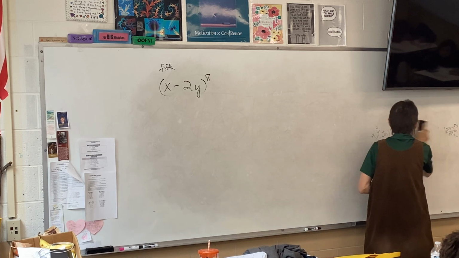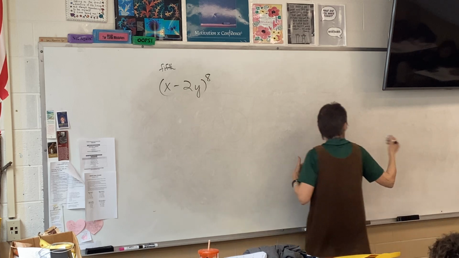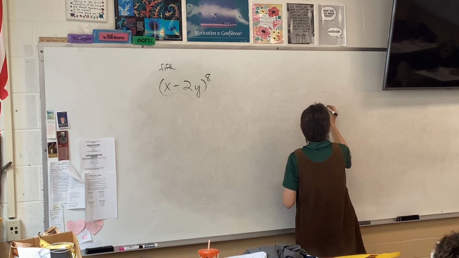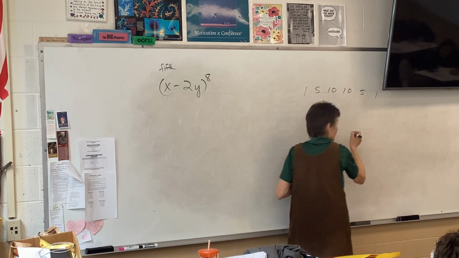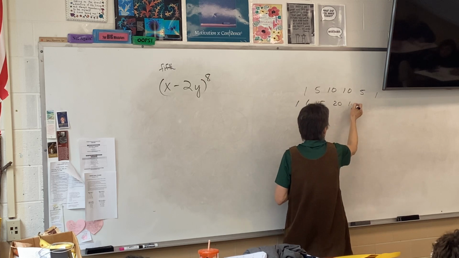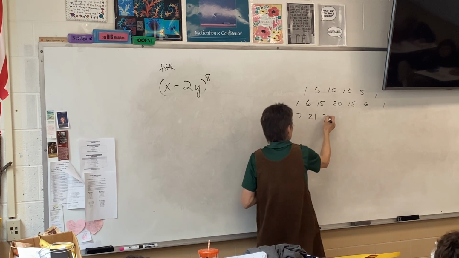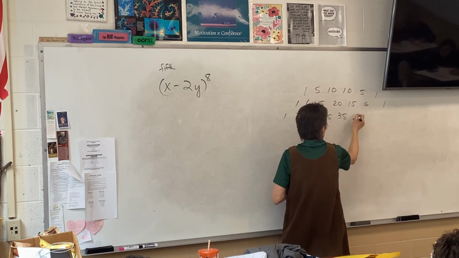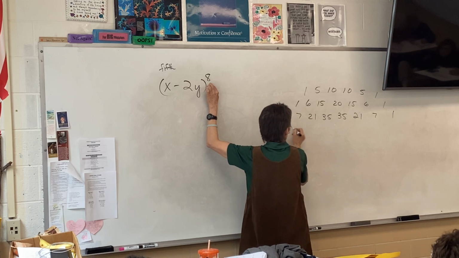Start with Pascal's triangle. So I remember you have written down that the 5th row is 1, 5, 10, 10, 5, 1. So then here's the 6th row, and here's the 7th row, and here is the 8th row.